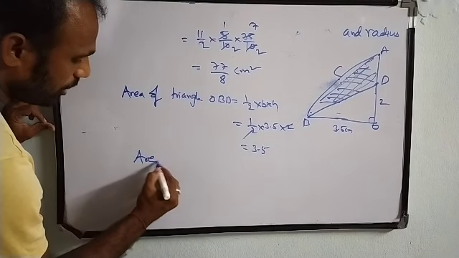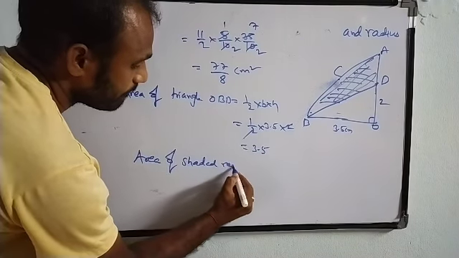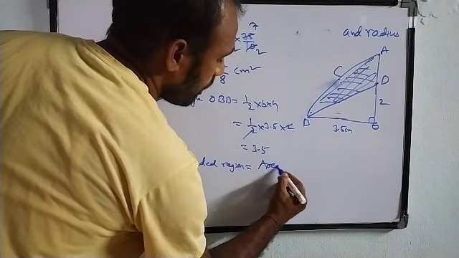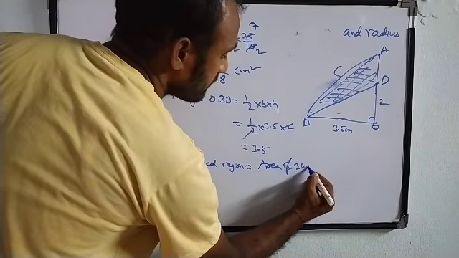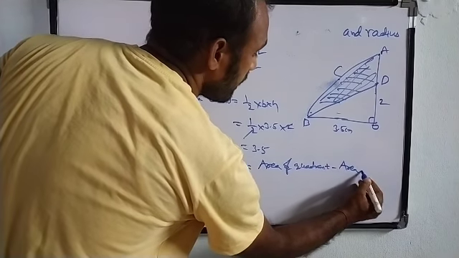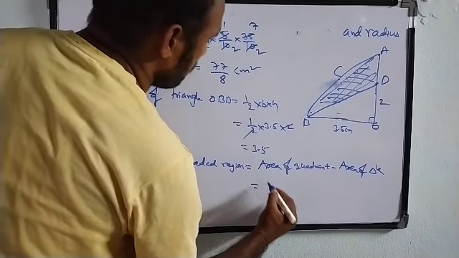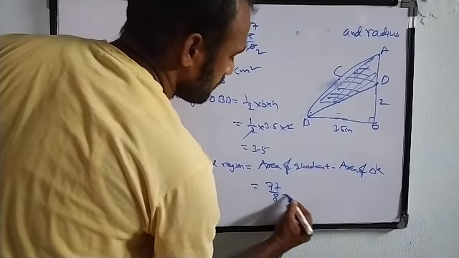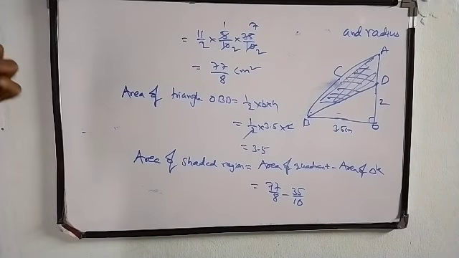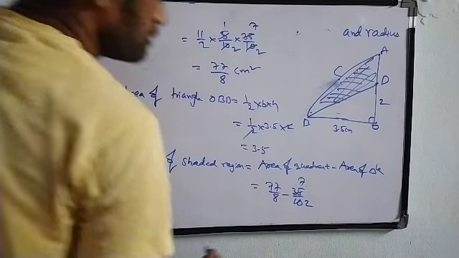So area of shaded region is equal to area of quadrant minus area of triangle. So the area of the quadrant we have 77 by 8 minus 35 by 10. So it is 5 7s, 5 2s.